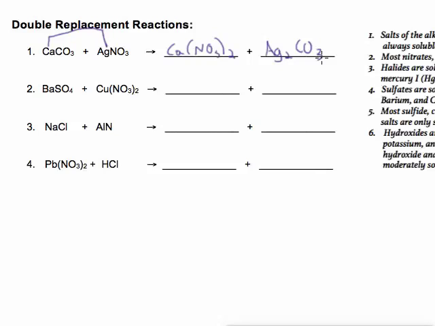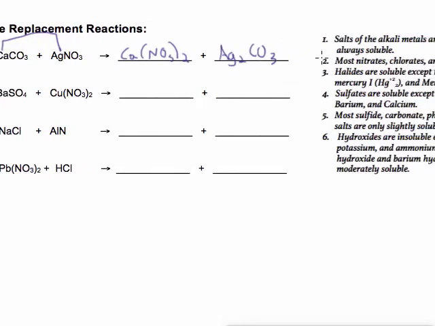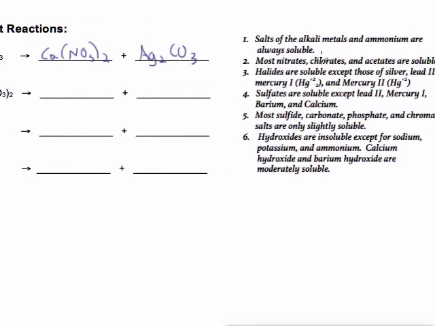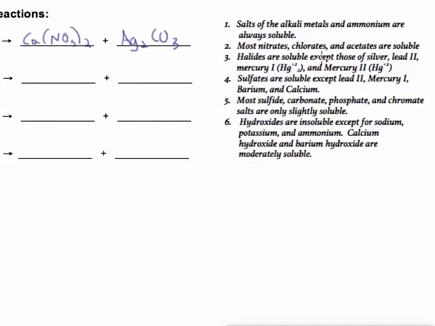So let's scroll sideways. There we go. In double replacement reaction problems like this, you can always assume that the 2 reactants are aqueous. You don't need to look them up. Remember we said that if the solubility rules say that it's slightly soluble, we're going to consider that as precipitating and causing the reaction.